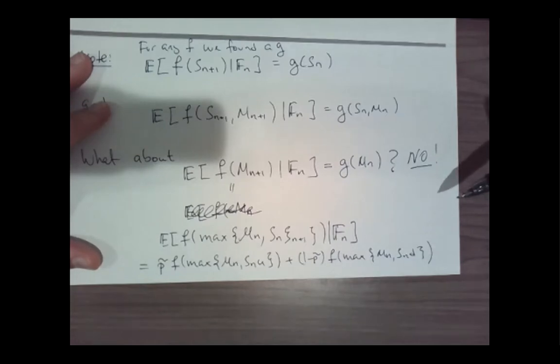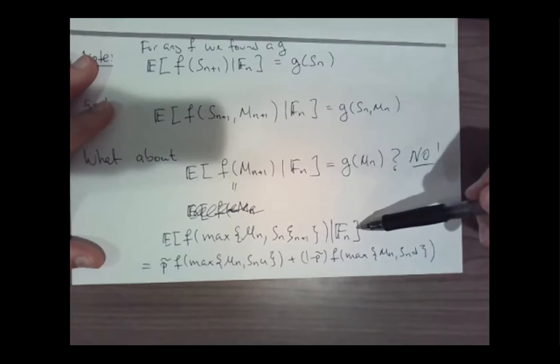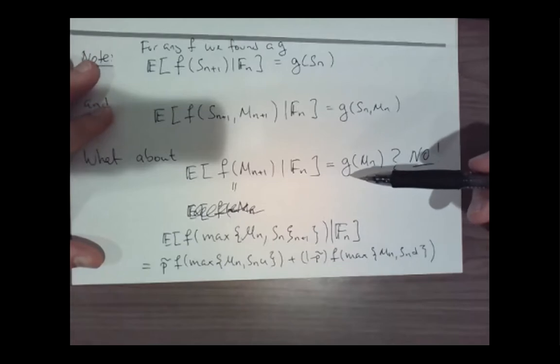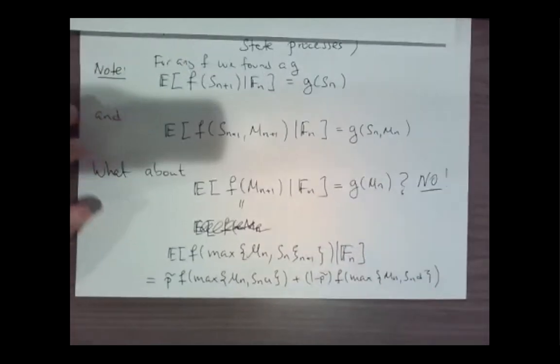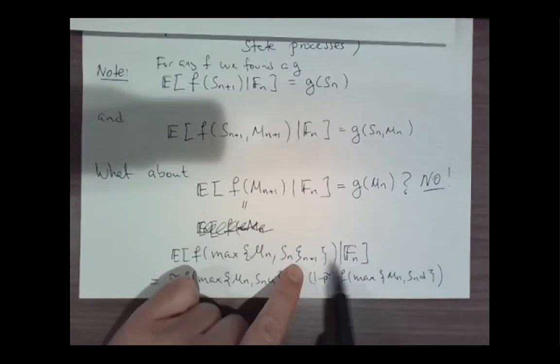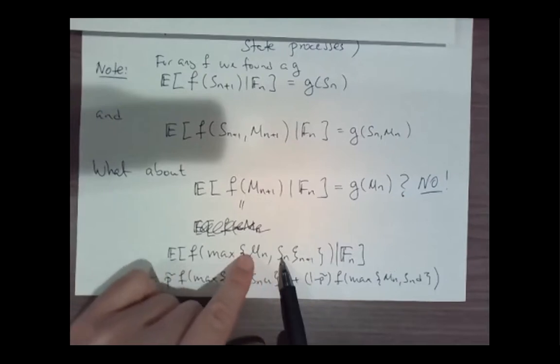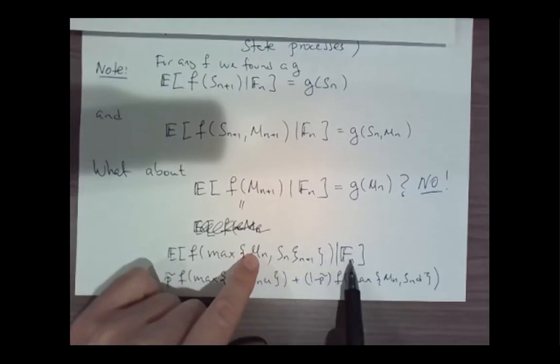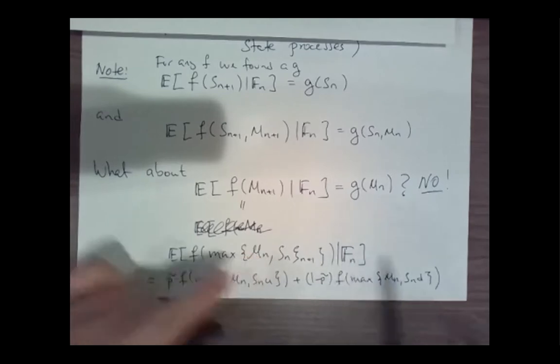To go from that last step, was that just a definition of the expected value, or was there an independence lemma there? It's always the independence lemma. Because this quantity here is independent of that one. These two are measurable.